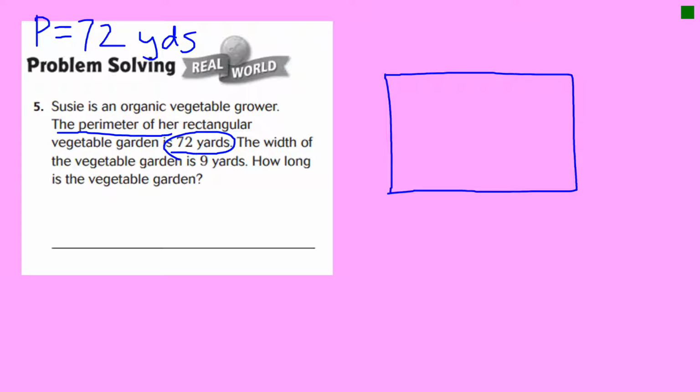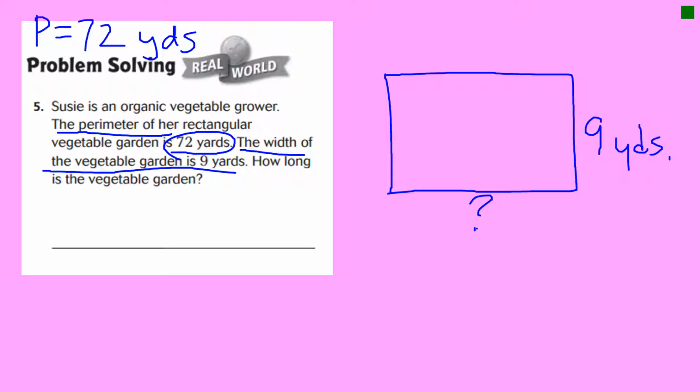Okay. What else do they tell us here that I can put? I like to organize the information. The width of the vegetable garden is 9 yards. Okay. 9 yards wide. How long is the vegetable garden? Question mark right there. Okay.